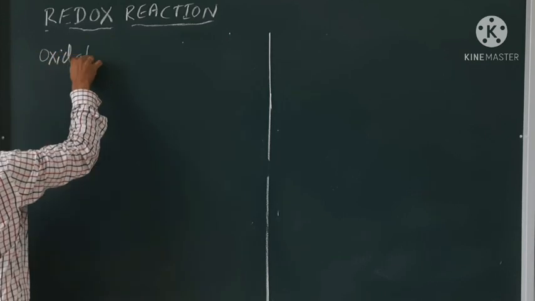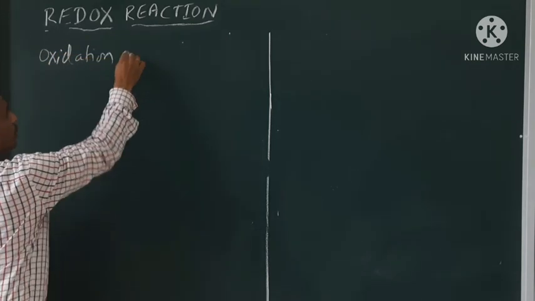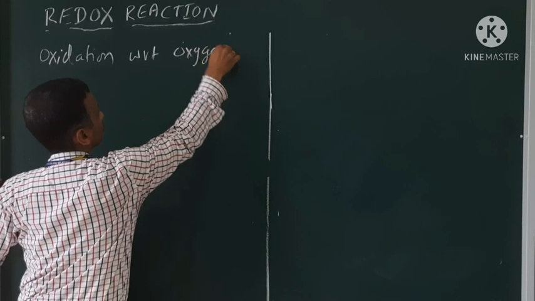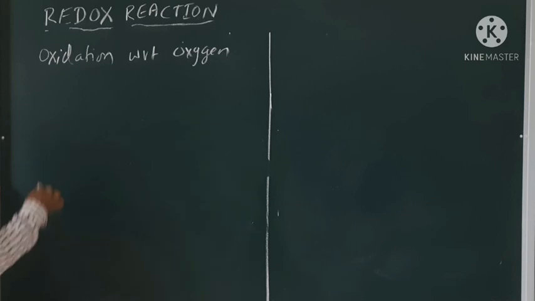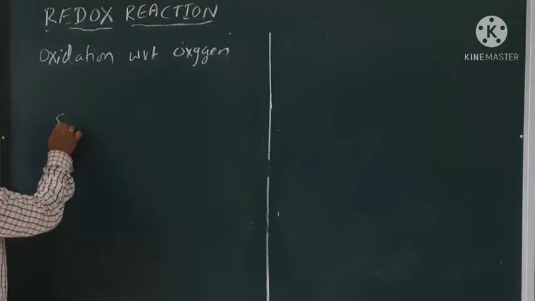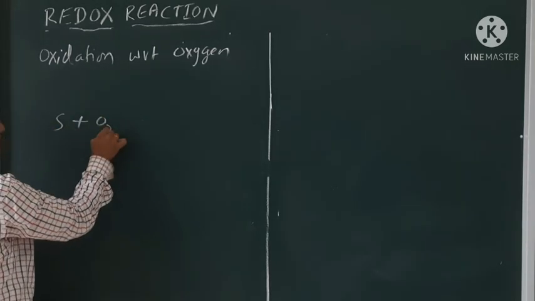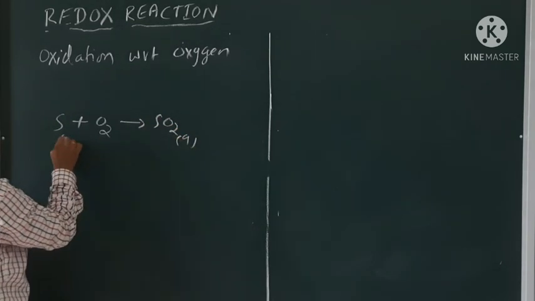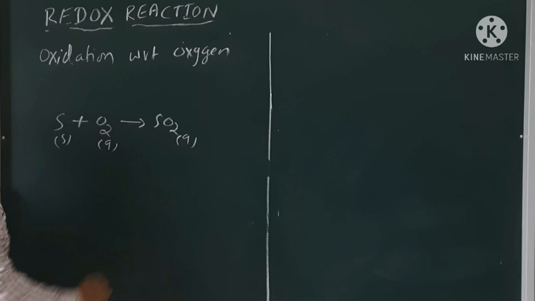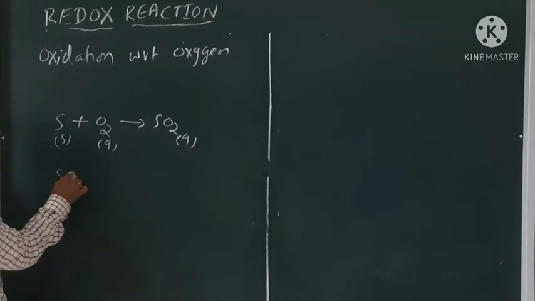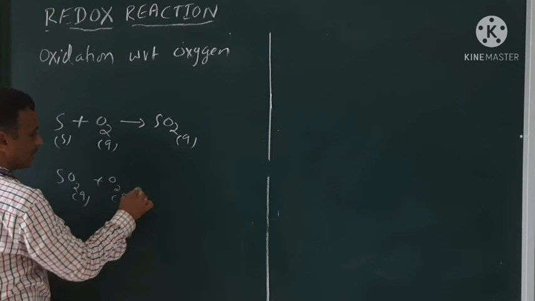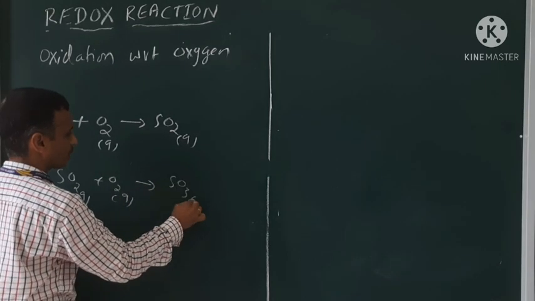Oxidation with respect to oxygen. See, sulfur plus O2 gives sulfur dioxide gas. This is solid, this is a gas. Sulfur dioxide gas plus O2 gas gives sulfur trioxide gas.